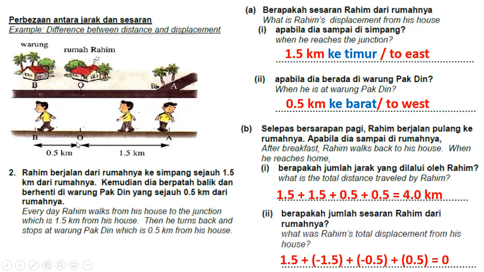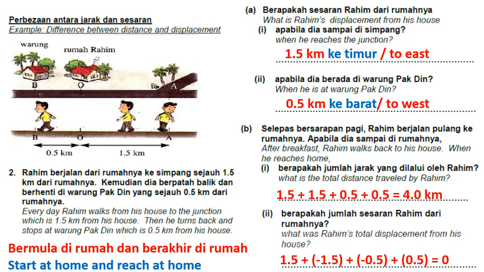Then moving another 0.5 backward, negative 0.5, and then going back to his house, another 0.5, but we add with positive. Remember, forward is positive, reverse or backward is negative. So the total is 0. The initial position is at his house and the final position is also at his house, so 0 displacement. So start at home and reach at home.